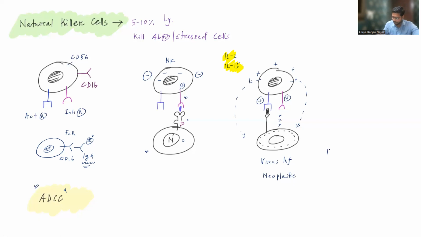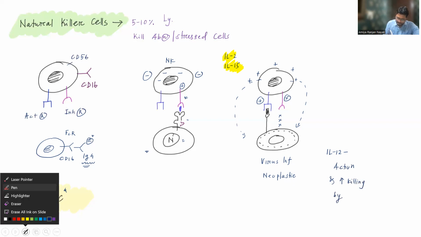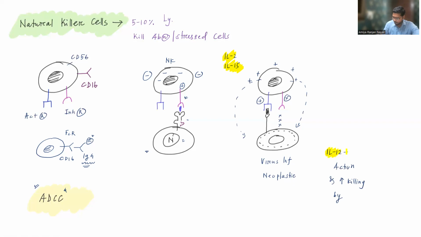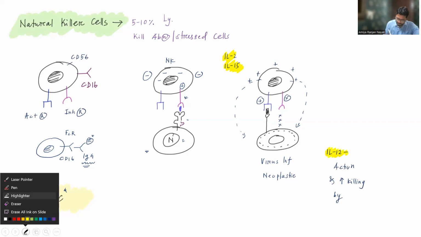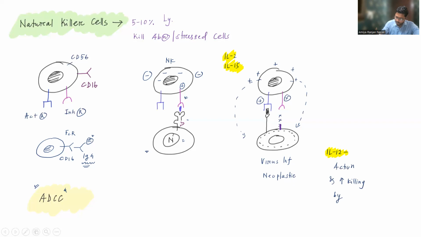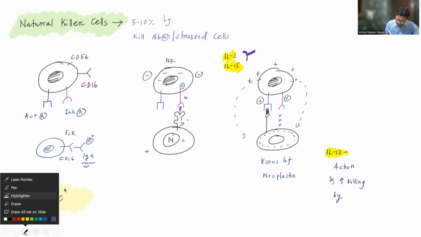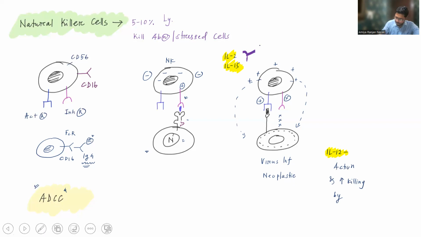And interleukin 12 helps in activation and increased killing by these NK cells. So these are the cytokines that are involved in proliferation and activation of the NK cells. So 2 and 15 help in proliferation.